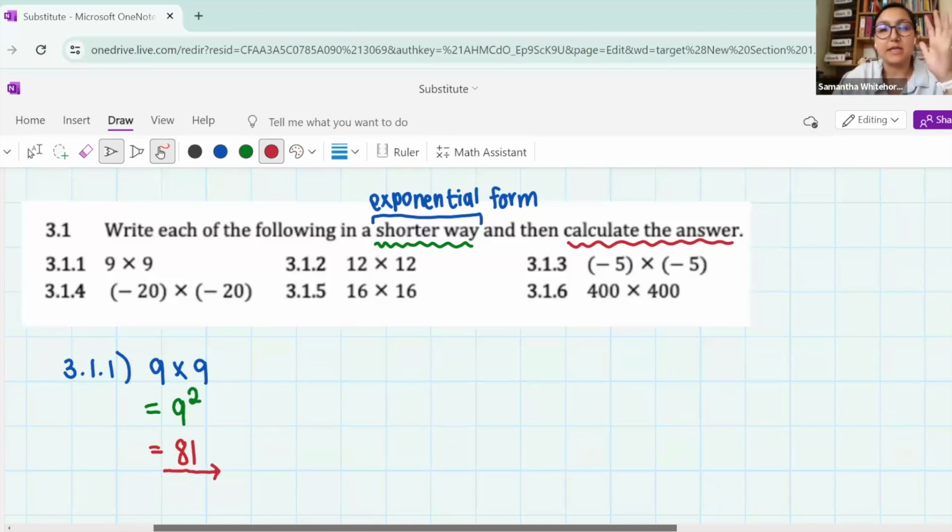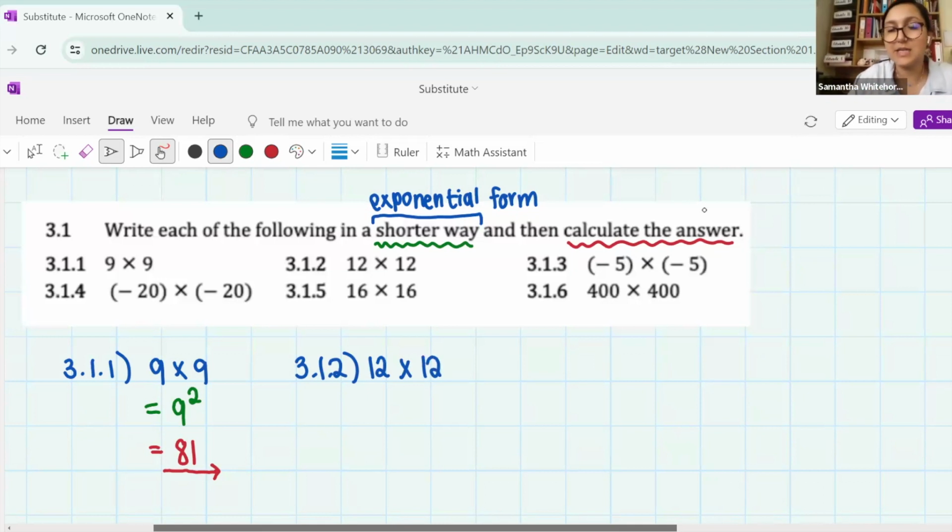So remember, and I said this right at the start, when we are multiplying the same number twice, we can write it with an exponent of 2. So let's have a look at 3.1.2 together. This is saying 12 times 12. Again, they are identical, same number, same sign.